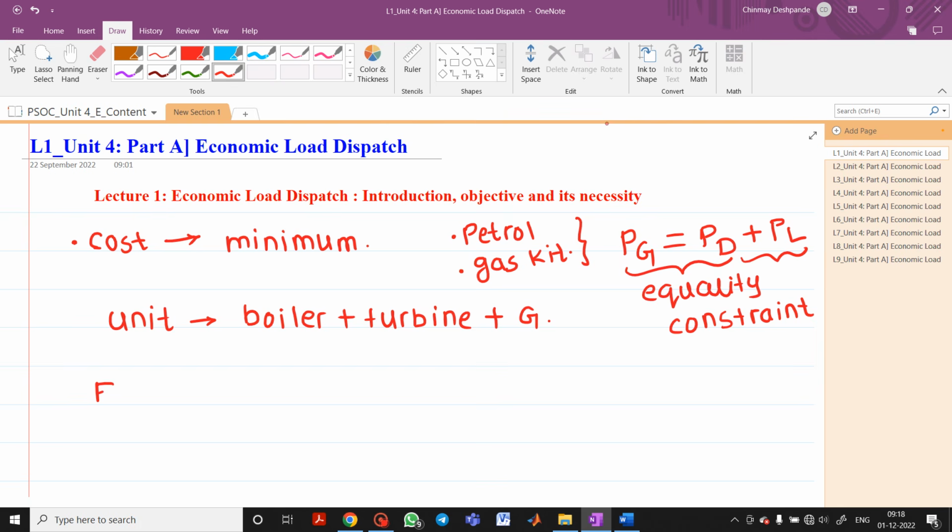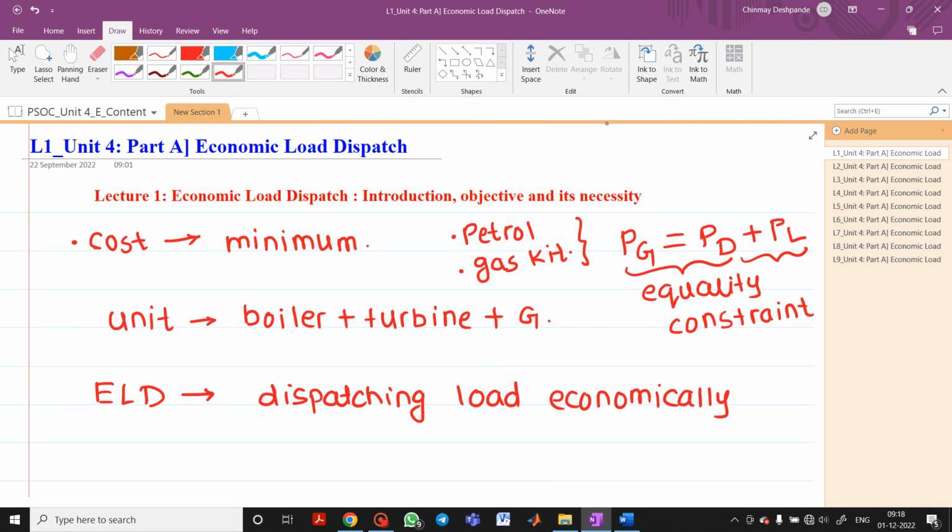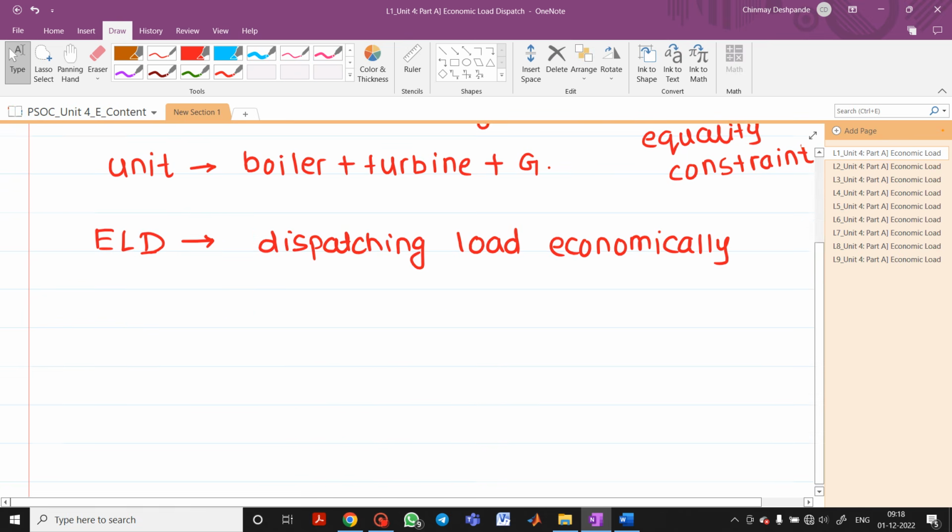So in simple words, I will write it as ELD, which is economic load scheduling or economic load dispatch. I will write it as dispatching load economically. So this might be a very simple definition of economic load dispatch. If I just rearrange the words, dispatching load economically is economic load dispatch.